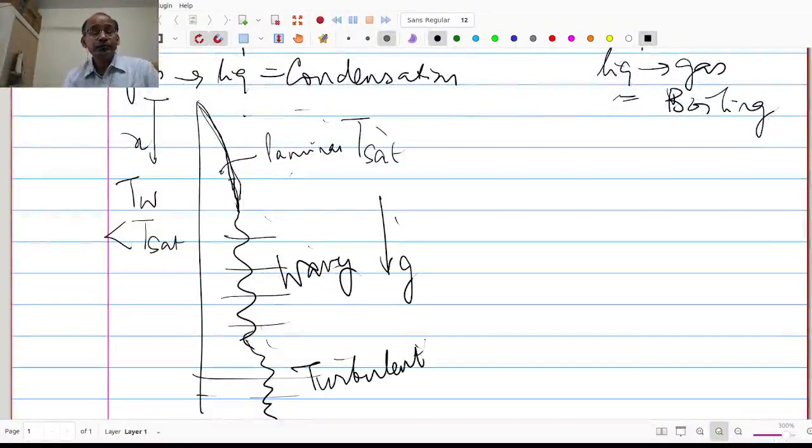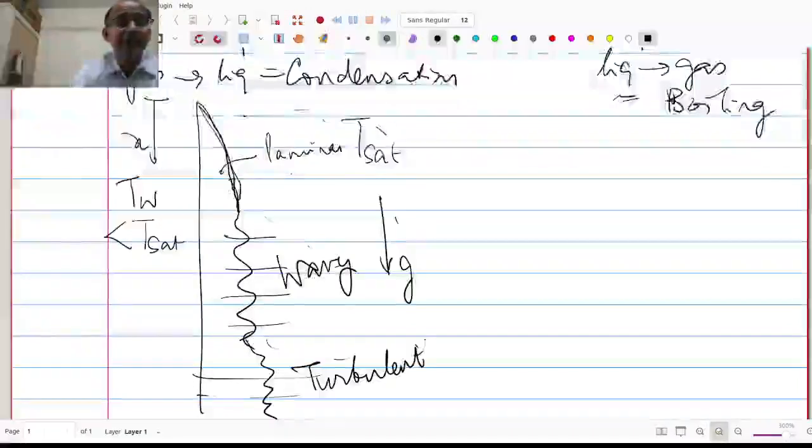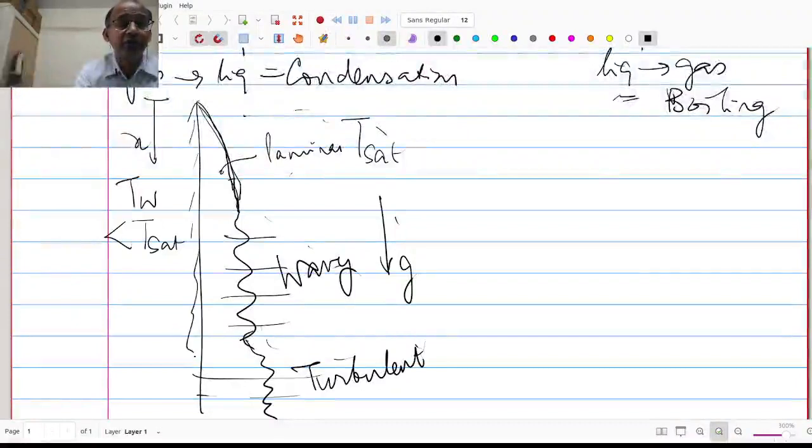Okay. So you have this whole thing where there is a formation of a film on top of the solid surface and the condensation is happening. So this is called film-wise condensation.